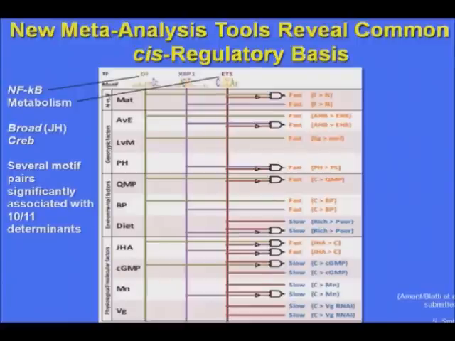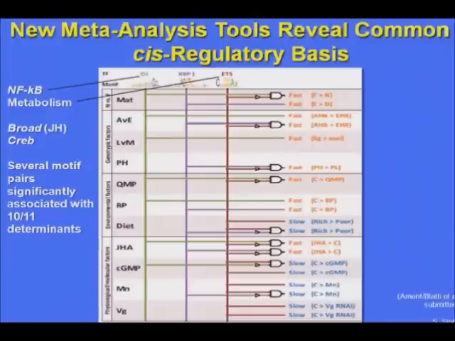And I highlight a few of them here. NF-kappa B and a couple of transcription factors associated with metabolism significantly co-occurred in large numbers of these gene list promoter regions. And CREB, an iconic transcription factor associated with neuroplasticity, and BROAD, something associated with juvenile hormone, also were significantly co-occurring over many of these different gene sets.